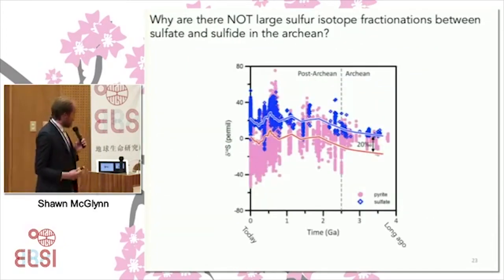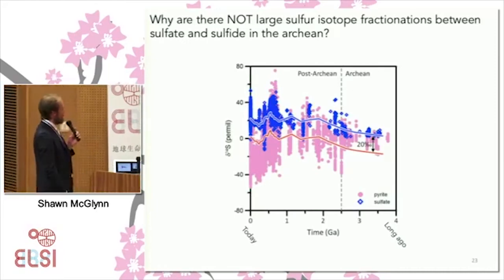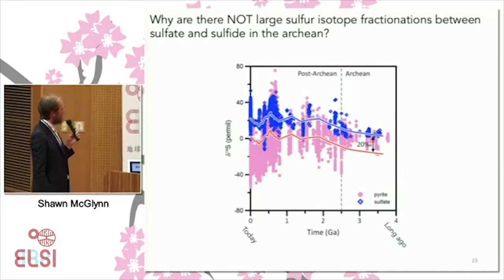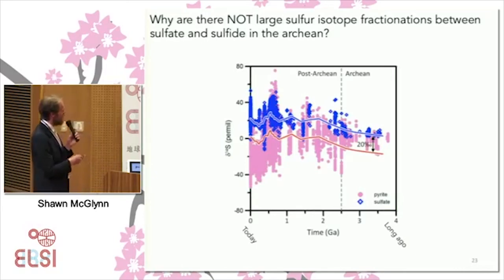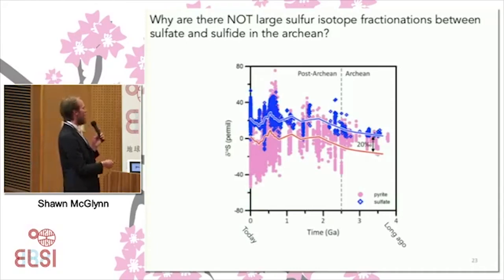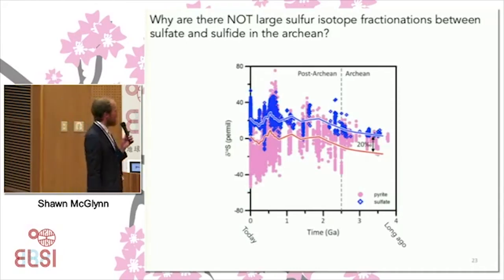So that's kind of the nuts and bolts of the data that I want to present, and I want to kind of hypothesize about the possible implications of this purified enzyme sulfur isotope value as it might have something to do with our historical interpretation of these isotope values. And so we can ask this question: why in the Archean do we not see close to equilibrium sulfur isotope fractionation values?